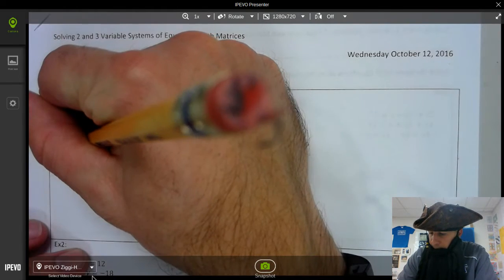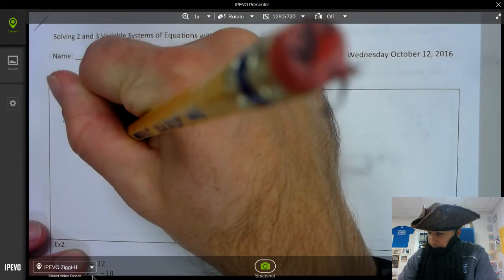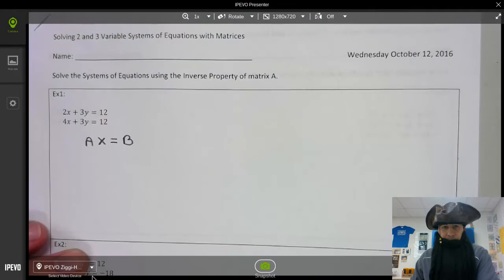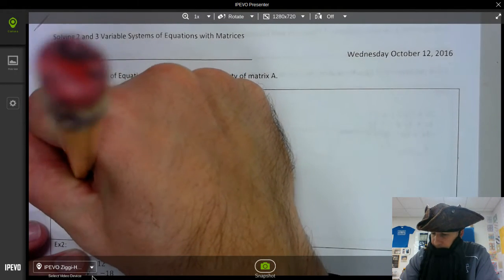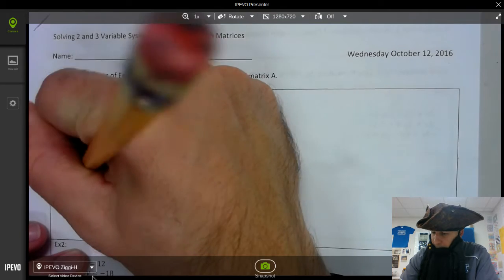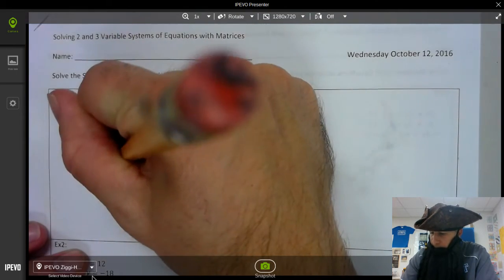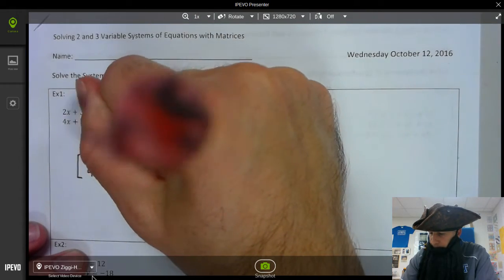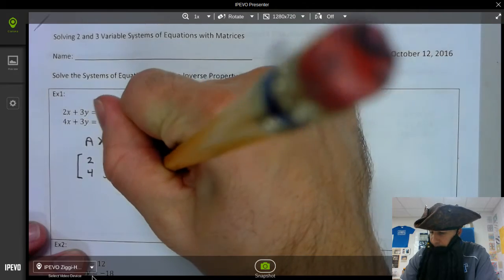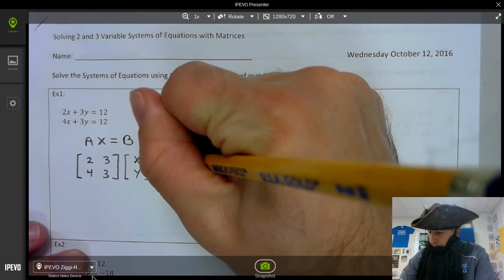So when you set up AX equals B, A is 2, 4, 3, 3. X is x, y. And B is 12, 12.